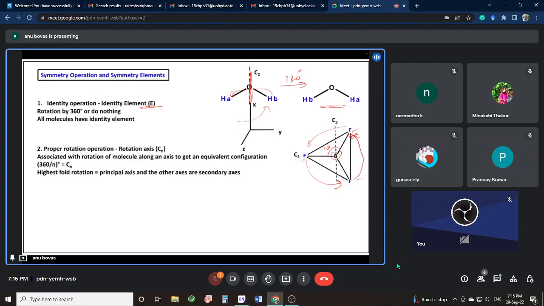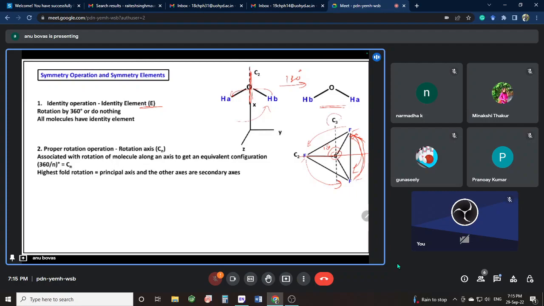Similarly, if we consider the axis along one B-F bond, and we hold along BF and rotate it, this BF will remain the same, but the other two fluorine atoms will interchange with each other. So in this case also, we get an indistinguishable configuration.